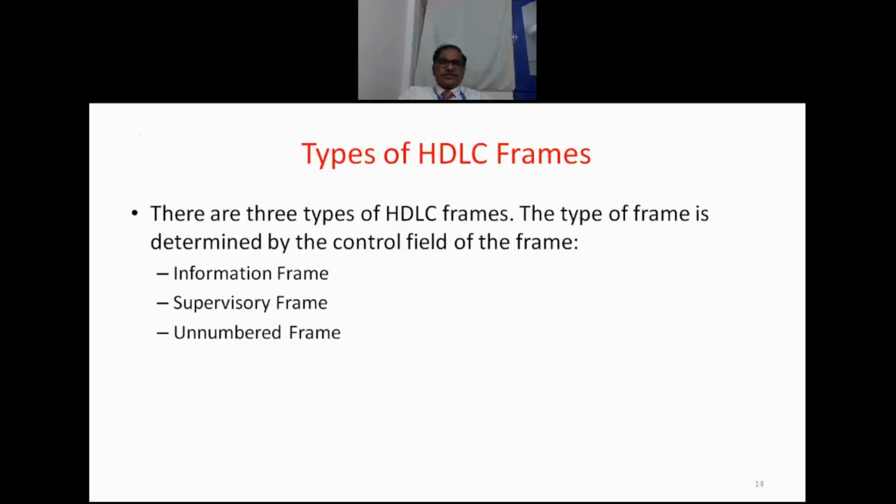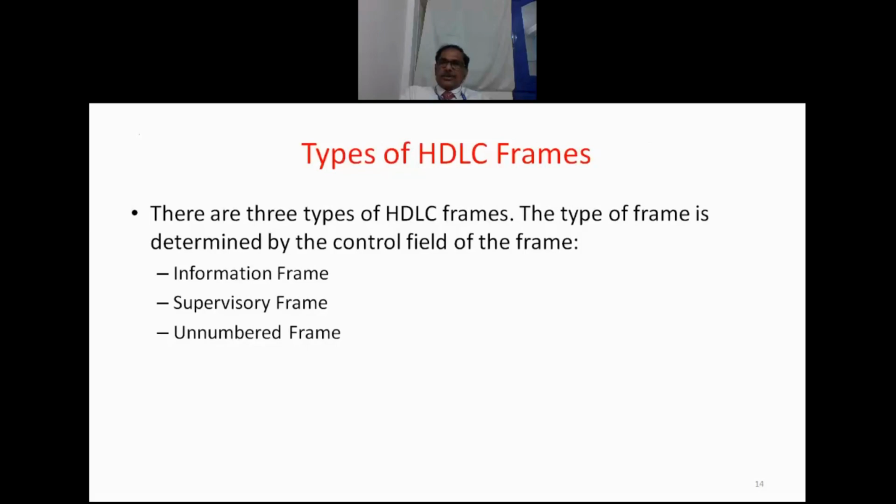Depending on the control field, the frames are divided into these 3 types: information frame, supervisory frame, unnumbered frame. We'll see each one.